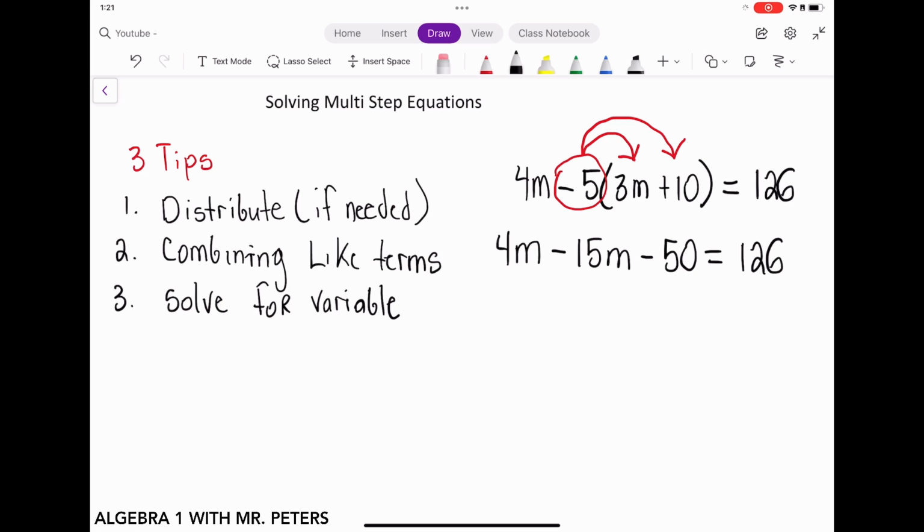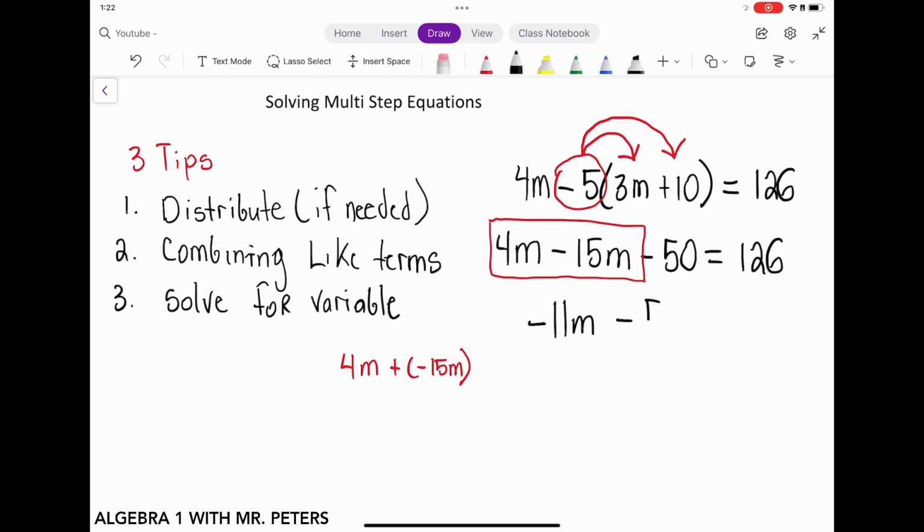I notice that 4m and -15m are like terms. So let's add these real quick: 4m plus -15m. With opposite signs, we basically subtract and keep the sign of the larger number. So I'm going to have -11m minus 50 is equal to 126.